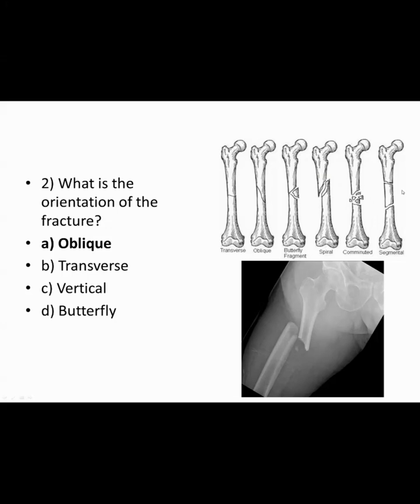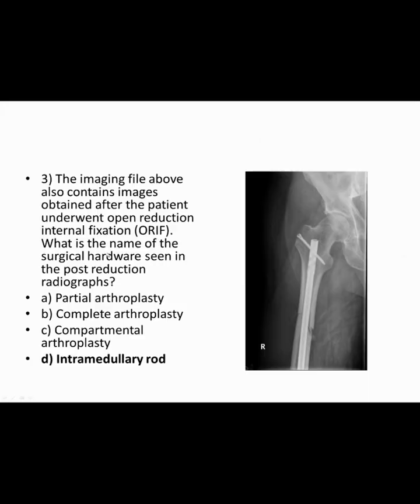And last we have segmental, where we have a breach in two portions of the femoral diaphysis, resulting in a free-floating fragment in the middle. So when we compare how we classify fractures in this diagram to what we see radiographically, this is most consistent with an obliquely oriented fracture, or A.